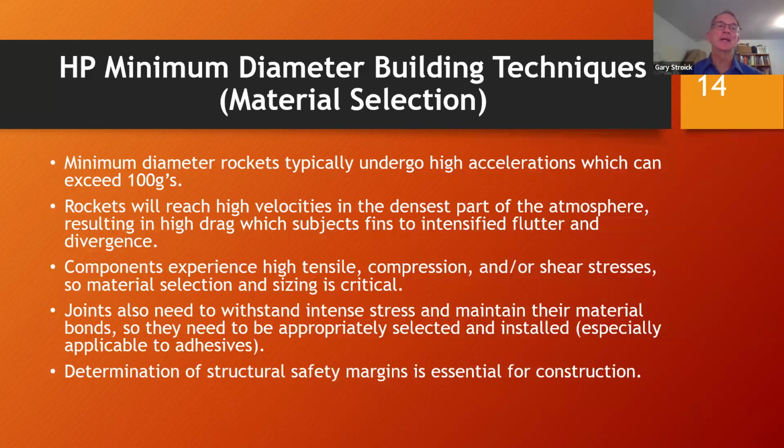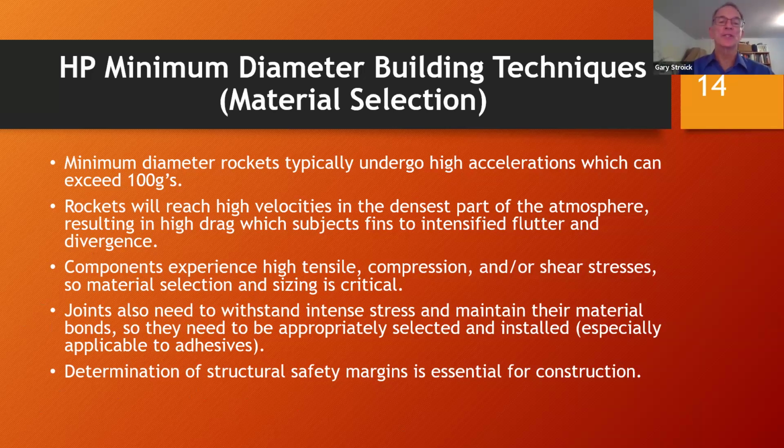Since they reach these high velocities, generally in the lowest part of the atmosphere, you're going to be experiencing a lot of forces on that rocket that are not necessarily typical of the rockets you've flown before.